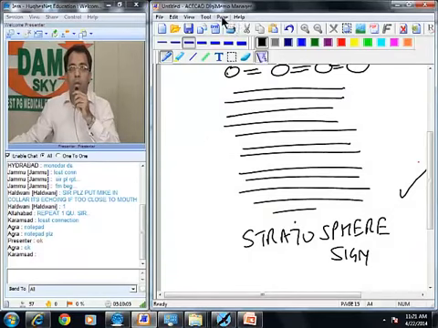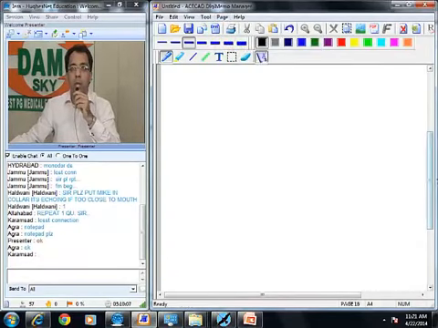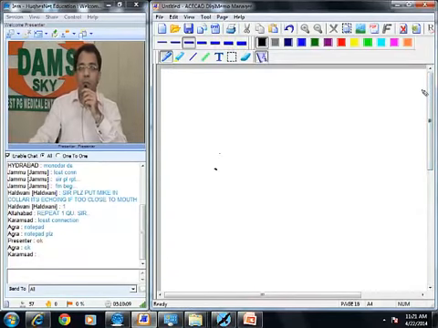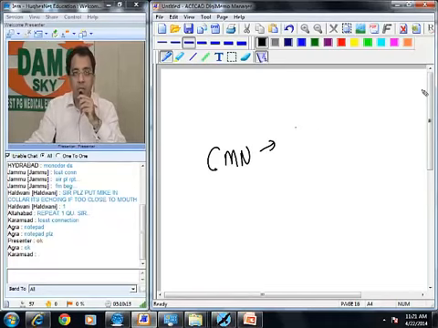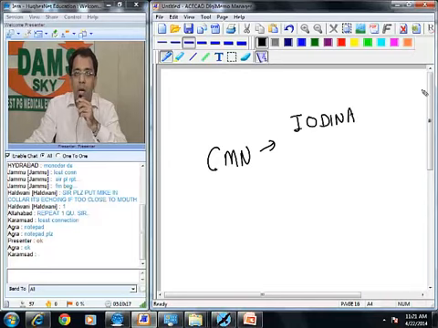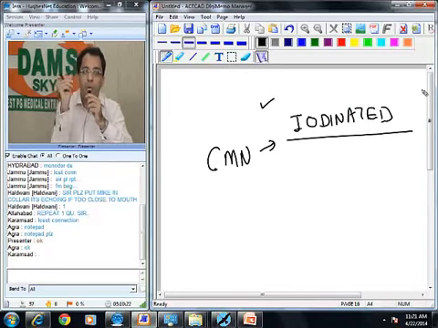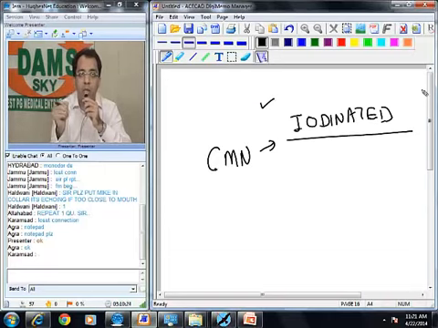Now let us look at the topic called contrast mediated nephropathy. How do we diagnose this and what is this? Now what is contrast? What contrast do we use in CT scan? Iodinated contrast. So whenever you give iodinated contrast, there are chances that the patient will develop nephropathy.